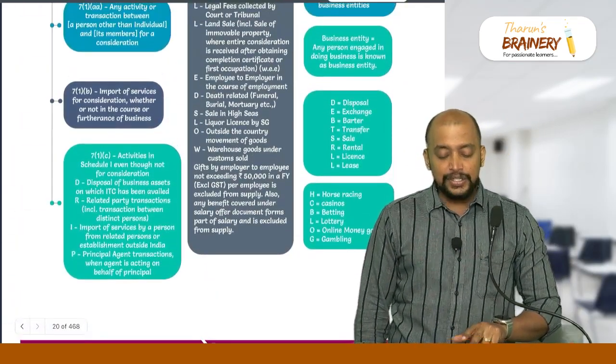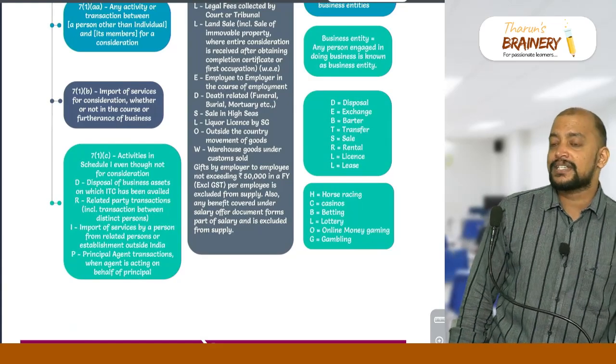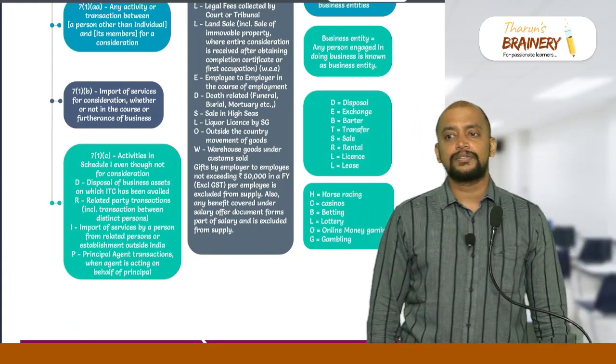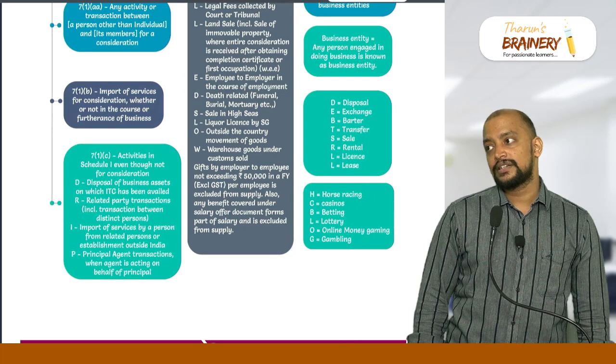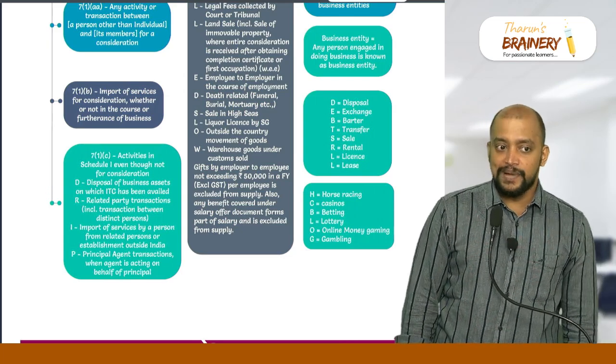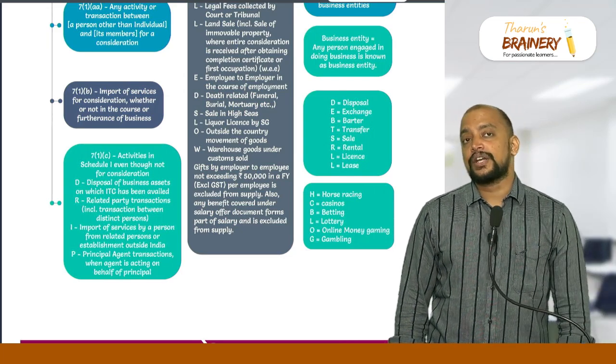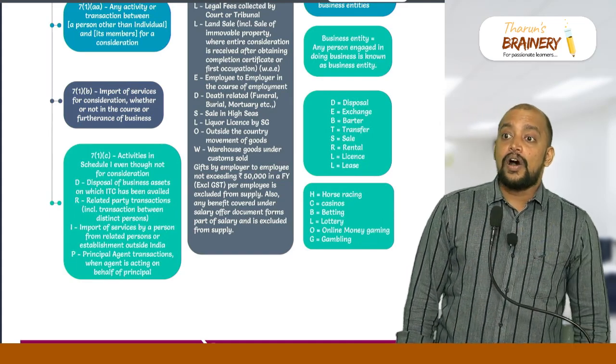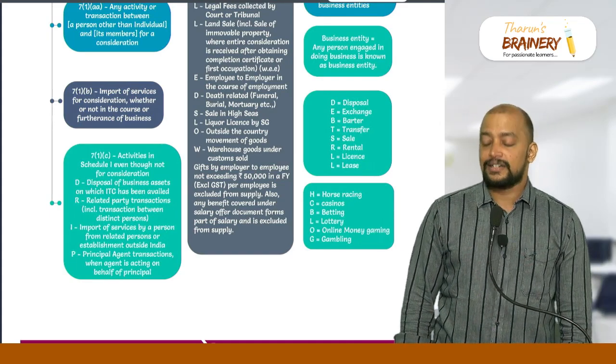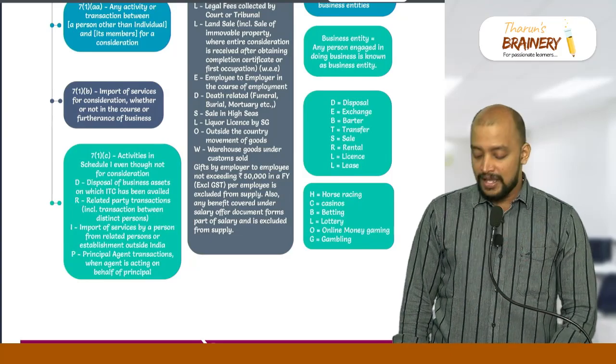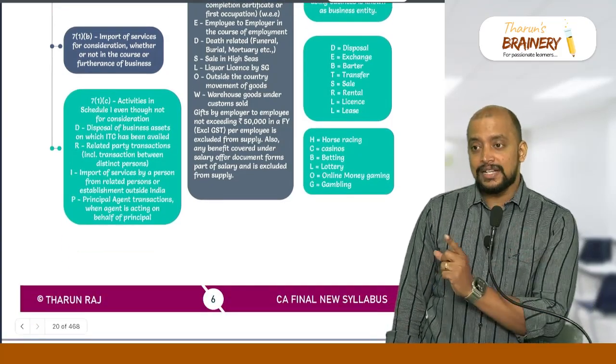So tell me, what are the specified actionable claims? H, C, B, L, O, G. H for horse racing, C for casinos, B for betting, L for lottery, O for online money gaming, then G for gambling. Horse racing, you know. Casinos, you know.